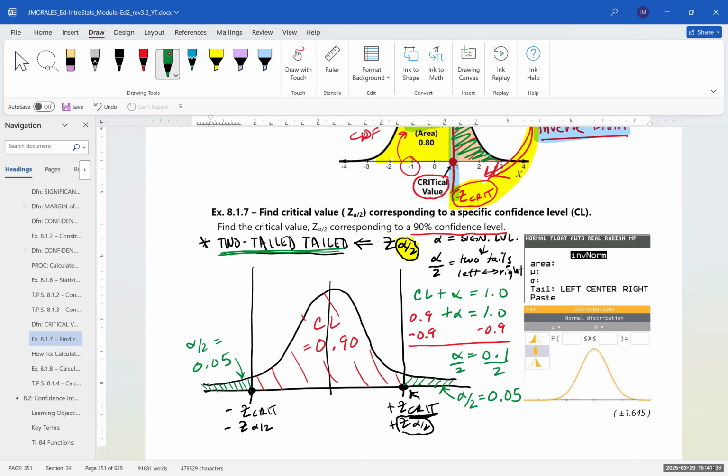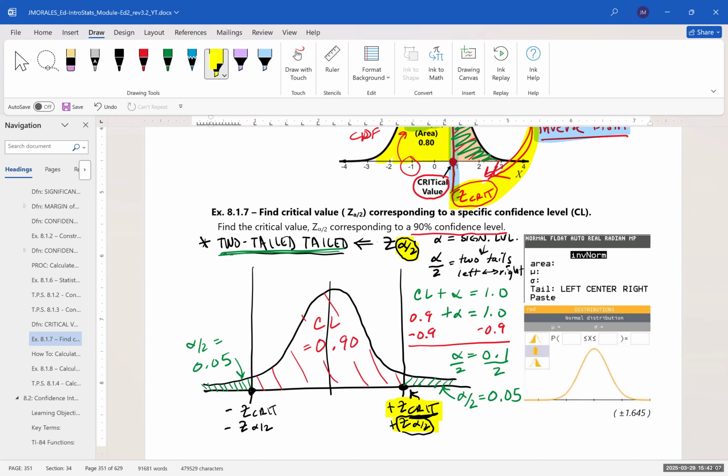All right, and now we can use inverse norm. There's a myriad of different ways you can do it. Often you're going to be using this Z-score, this Z critical value, in a calculation somewhere, like we just did with calculating margin of error. So it helps to have a positive Z-score.